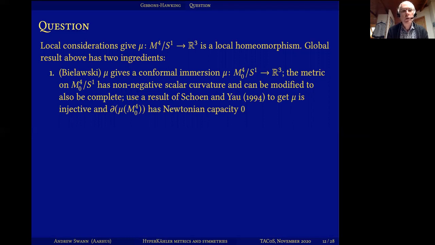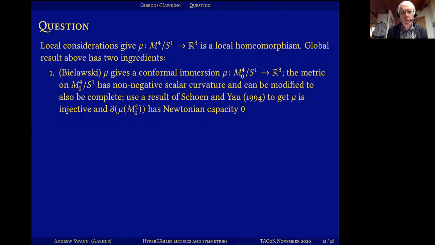So it's a local diffeomorphism. And the metric on the horizontal directions on the leaf space is V times dx squared plus dy squared plus dz squared. So it's a conformal map. And if you compute the scalar curvature, you get something that's non-negative.